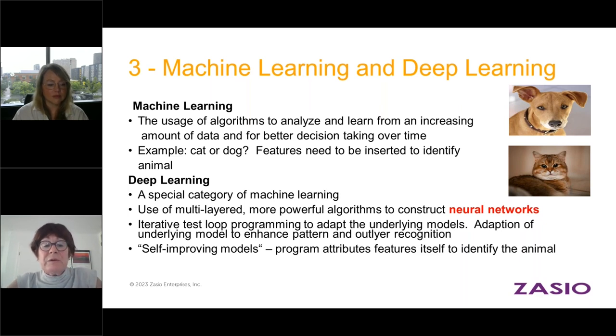So you just feed it some pictures with some very initial key features, and it identifies more and more to identify the animal. So it learns itself from the data. You don't have to feed anything potentially to figure out that's a cat and that's a dog.